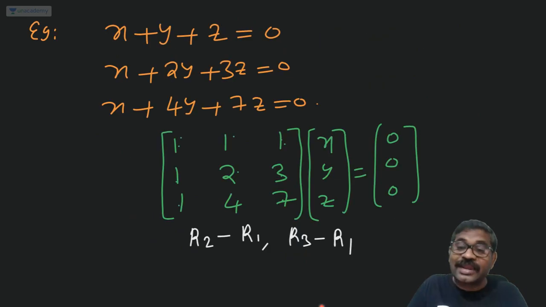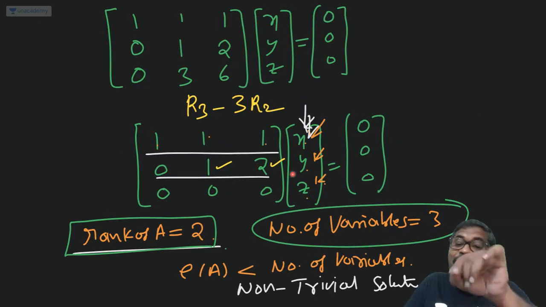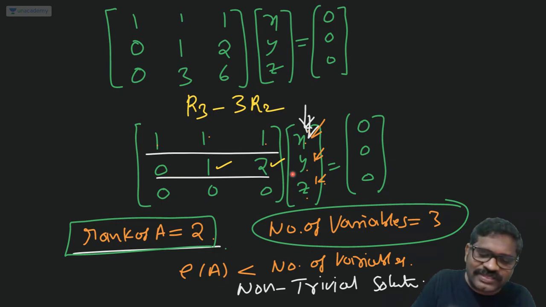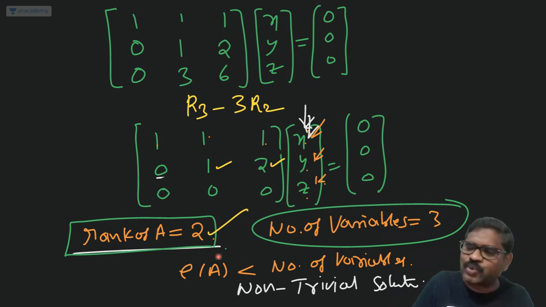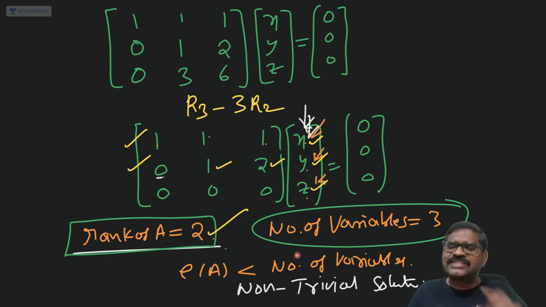Suppose rank less than number of variables, because in this example number of independent equations are 2 because rank is 2. Number of variables are 3. There is a shortage. That difference is nothing but a free variable.